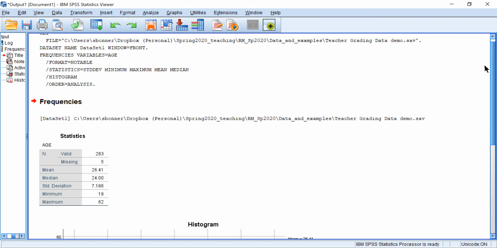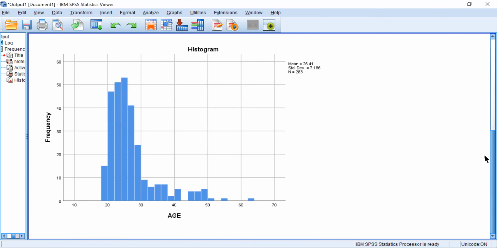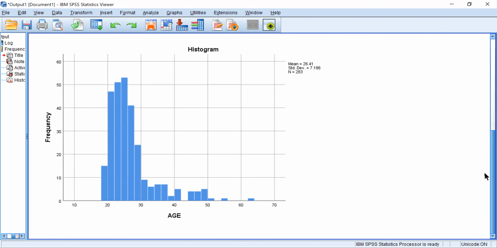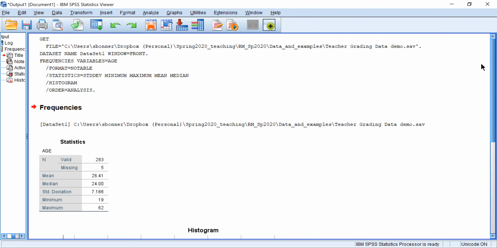The distribution of age was positively skewed, and the median age was 24. I usually don't report the median, but for a skewed distribution, I probably would. Okay, so that's describing the sample in terms of age.